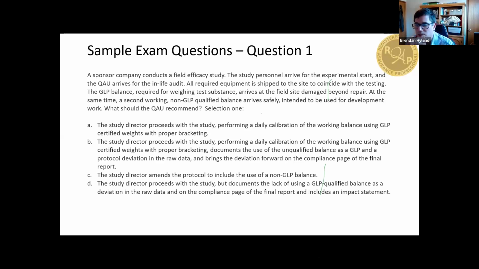So D is the most conservative, and B is best practice and mitigates non-compliance as best as possible. So first of all, we've got maybe a hint here as to which of the GLPs we're talking about now. Can anybody say?